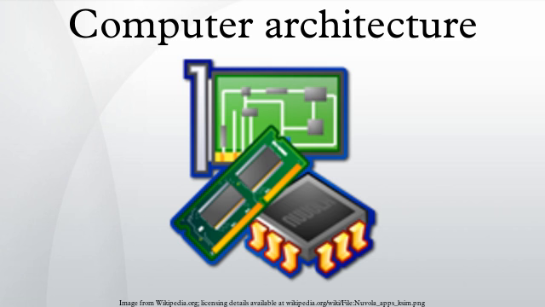Subcategories: the discipline of computer architecture has three main subcategories. Instruction set architecture, or ISA. The ISA defines the codes that a central processor reads and acts upon. It is the machine language, including the instruction set, word size, memory address modes, processor registers, and address and data formats.